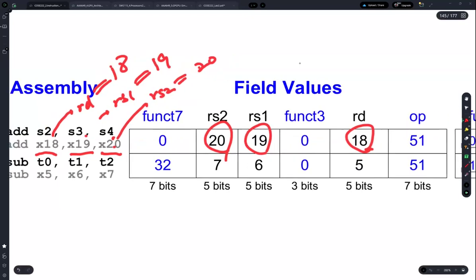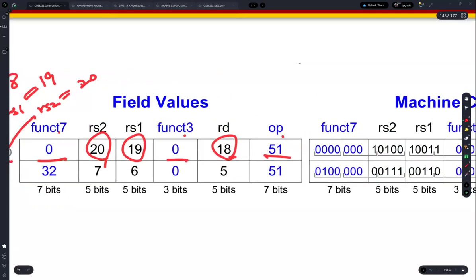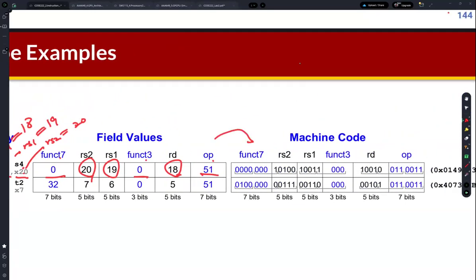And in order to represent add, we can use the function 7, function 3, and OP code. This is defined by the ISA, instruction set architecture document. So for the add instruction, the OP code is 51, and function 3 is 0 and function 7 is 0. So we can fill numbers in each field, and then this needs to be represented using binary numbers, right?